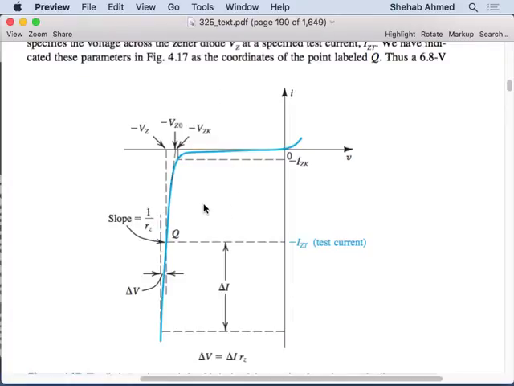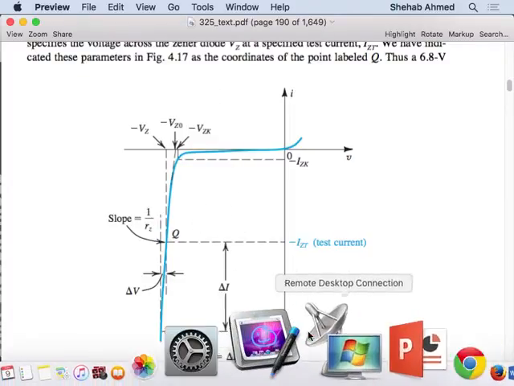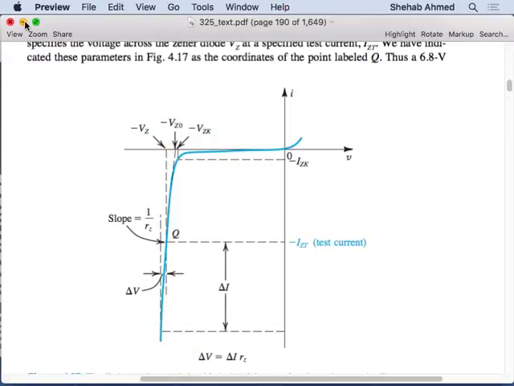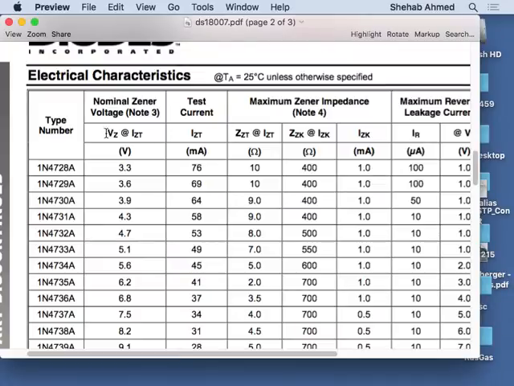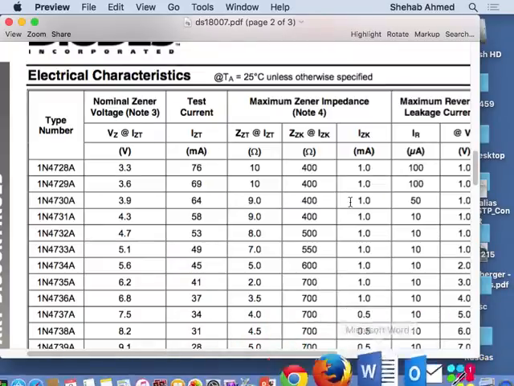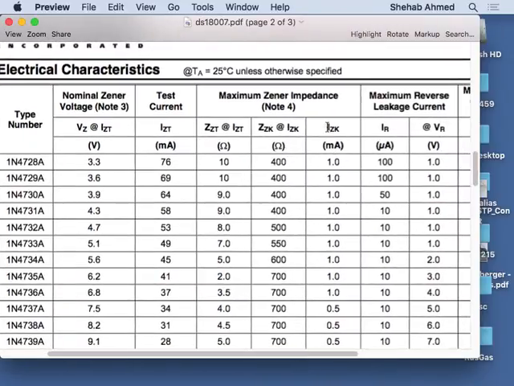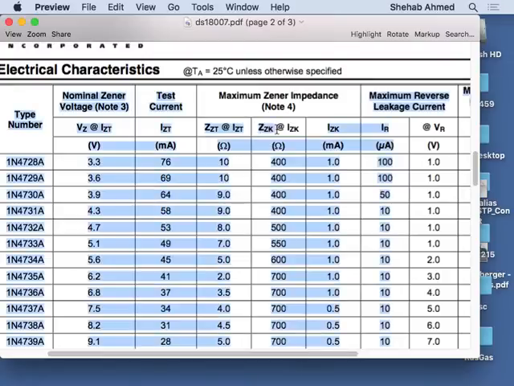Okay, so they gave us VZ. I don't remember if they gave us VZ or VZK. No, they gave us VZ. They also give us what is called an IZK, and they give us a ZZK.